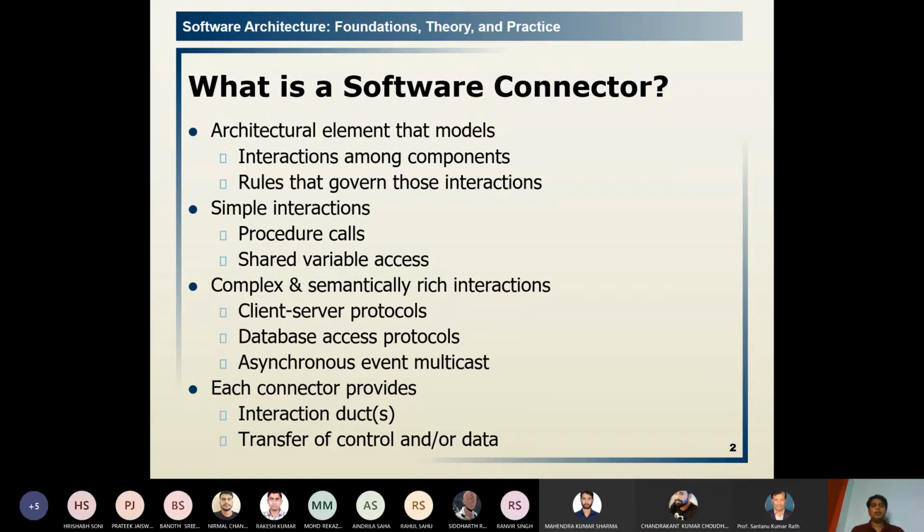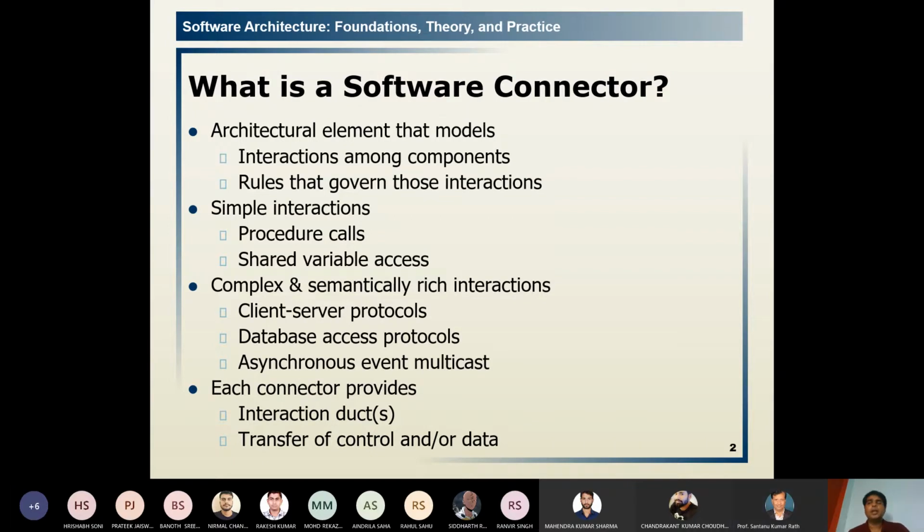And the next one, the asynchronous event multicast. In the event-based style, event bus style, it is an asynchronous architecture, or an asynchronous multicasting technique. How? Here, all the components are connected through an event bus connector.